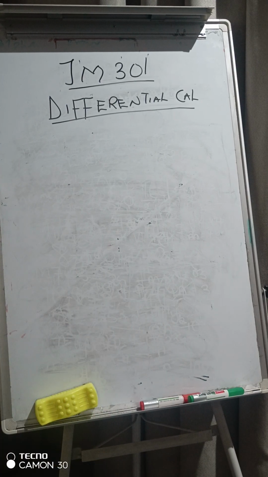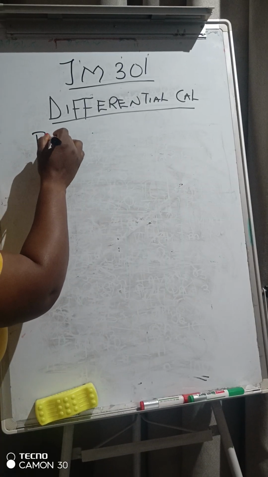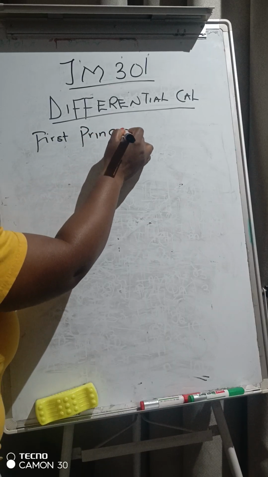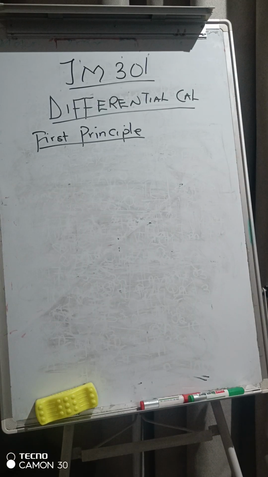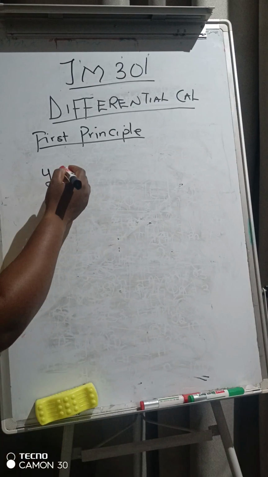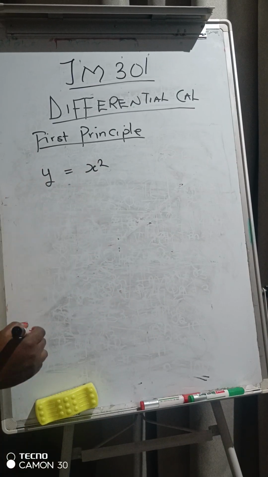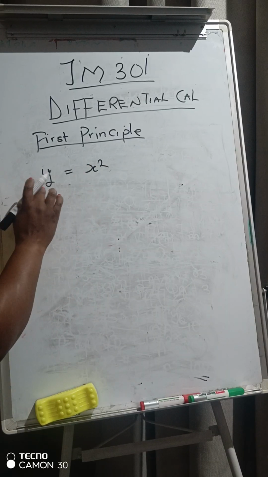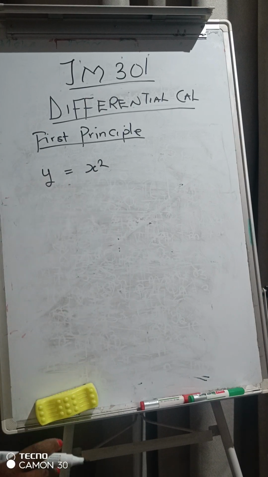Before we go into principles of differential calculus, there's something we have to take a look at, which is the first principle. The principle guides what we do. The principle says that for every time that I have y, if my y is such that it is x to the power of 2, and there is a change in x, it will also affect y, because y depends on x.